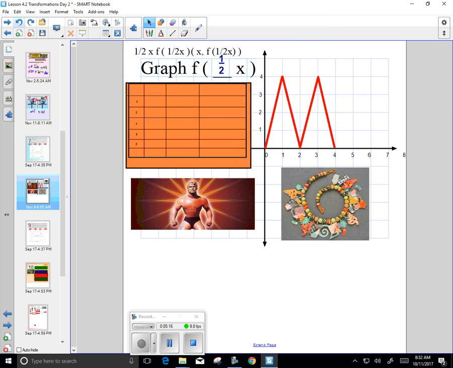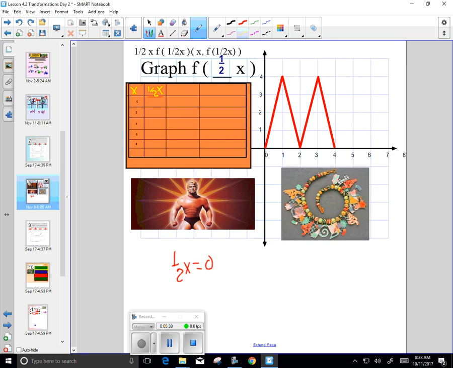All right, so we're going to take this point, we're going to take the x, and we're going to turn it into 1/2 x. So what we'll do is 1/2 x equals 0. So what's x going to be? 0.